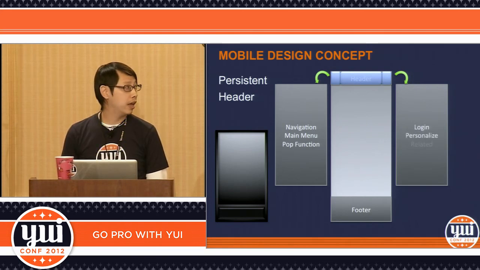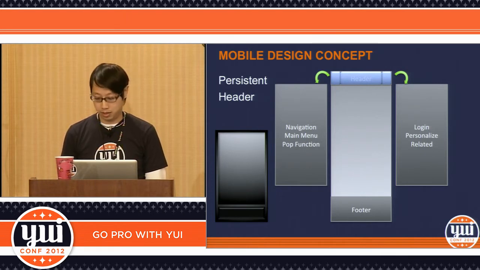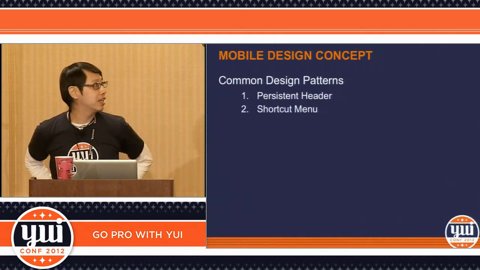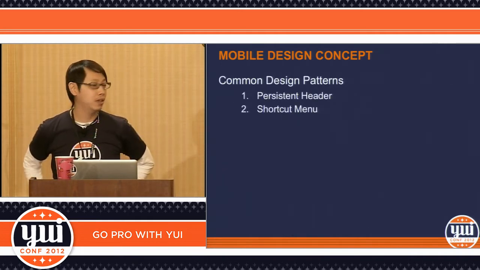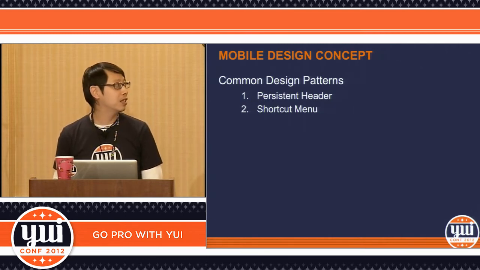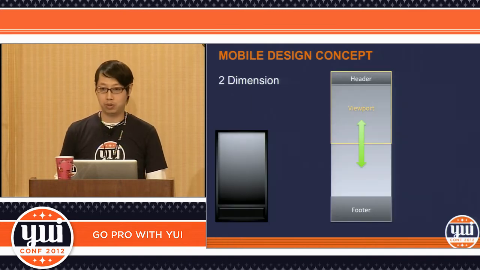And at the right-hand side, we can provide something for personalization. For example, shopping cart, anything else. So with this, we can provide more choice for user by persistent header and the shortcut menu. This is another way to provide more choice.